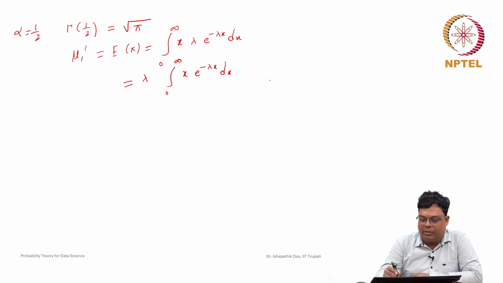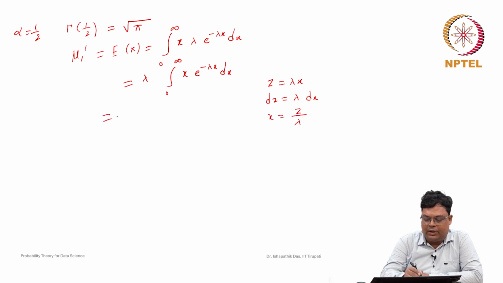So, we will take the transformation z equal to lambda x. Then dz will be lambda dx, and x will be z by lambda. So, this is lambda times the integral from 0 to infinity of z by lambda, e to the power of minus z, and dx is dz by lambda.